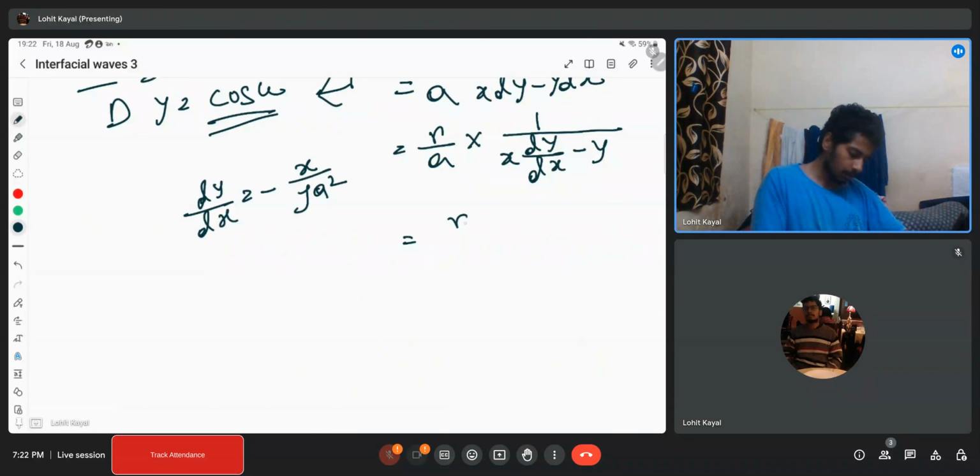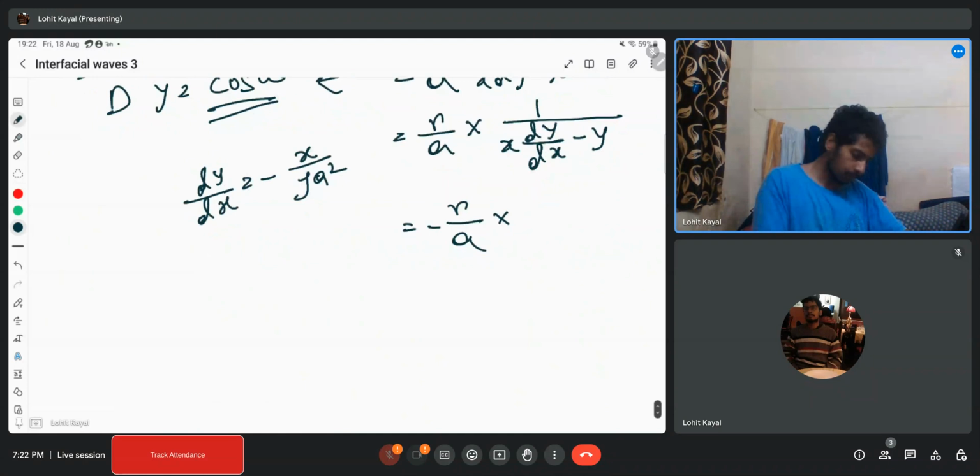So it equals r, you can take the minus outside, into 1 by (x square by y a square plus y).